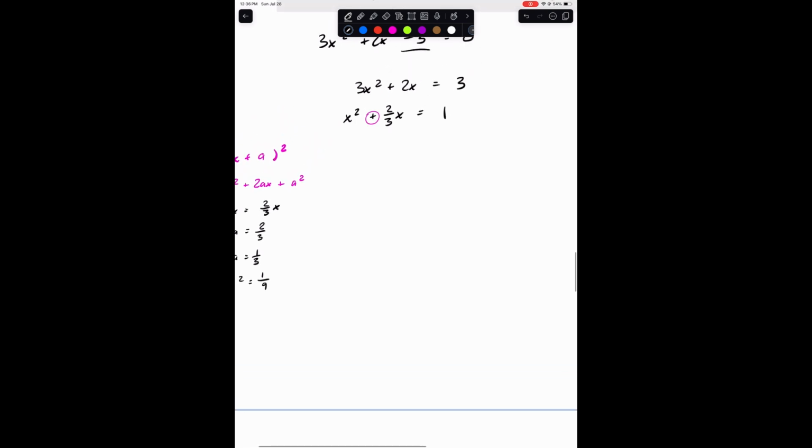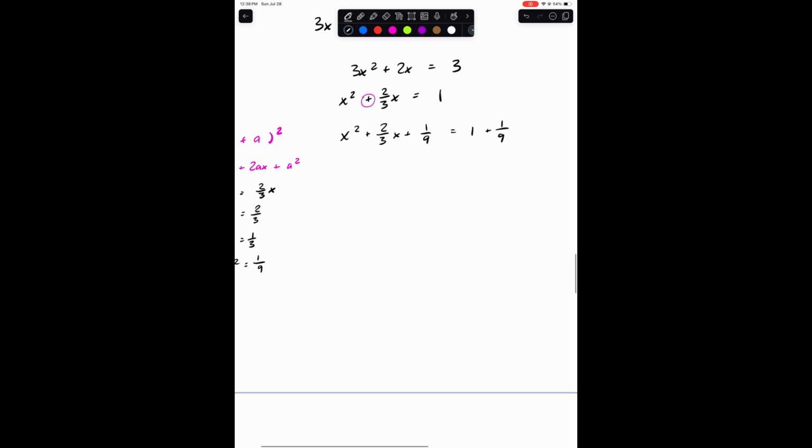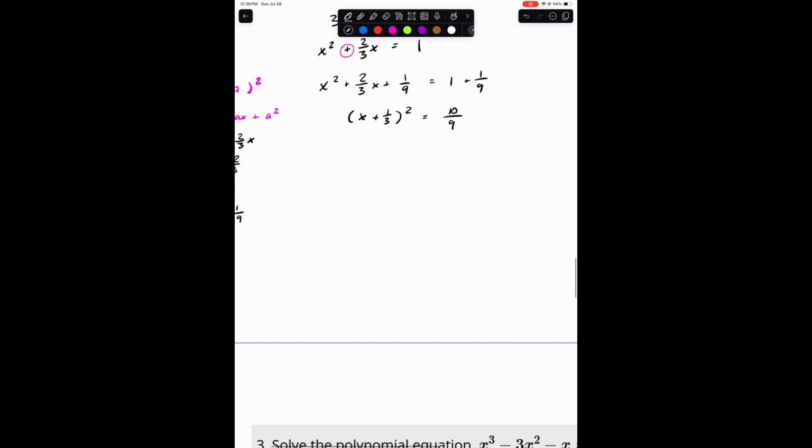So what I'm going to do is add 1/9 to the left side and do the same for the other side. I can now rewrite the left side as my perfect square, and my other side as one fraction.